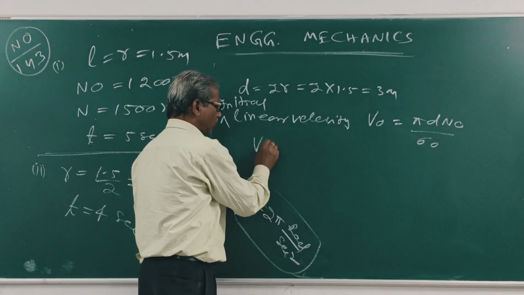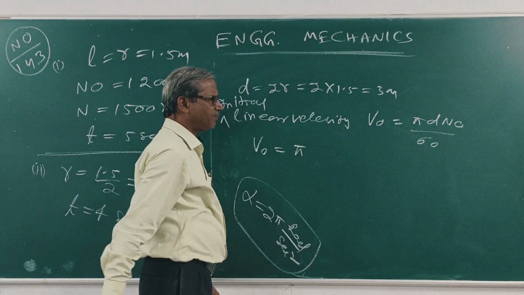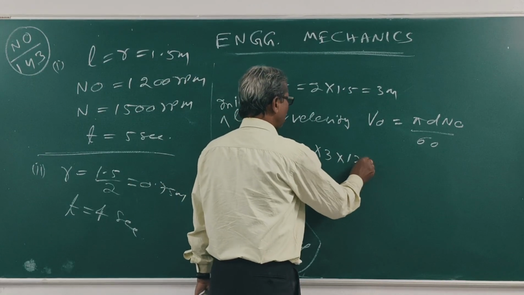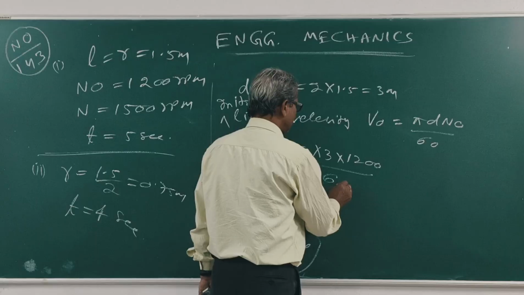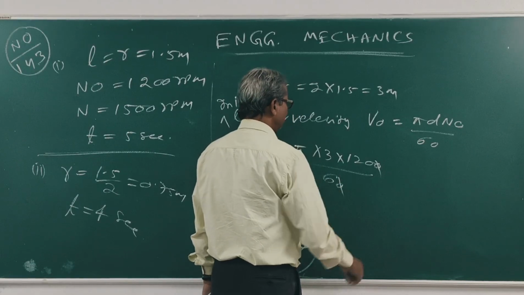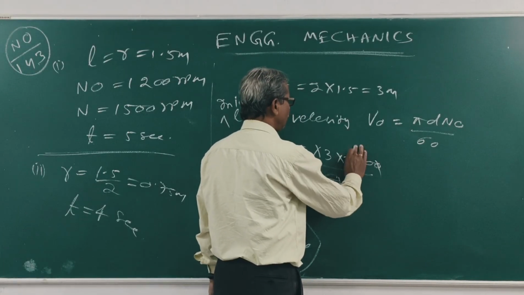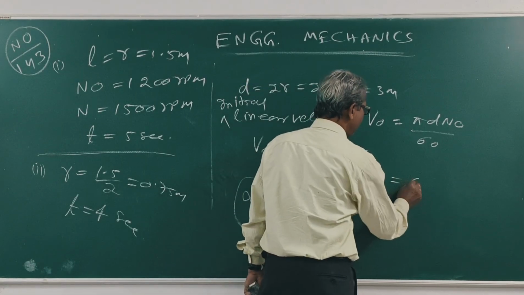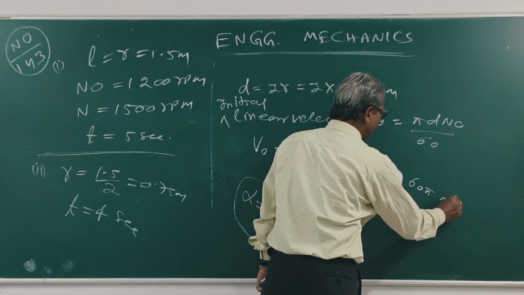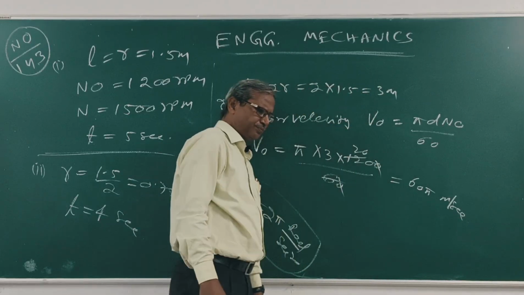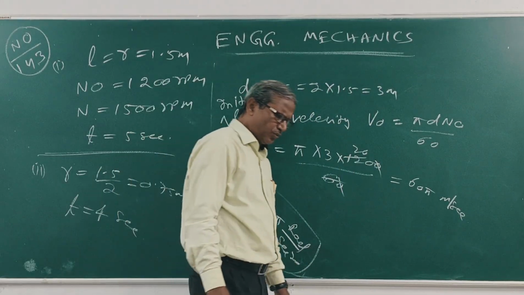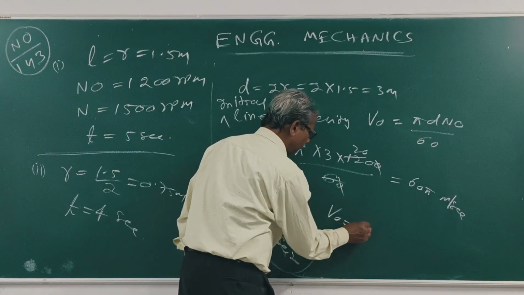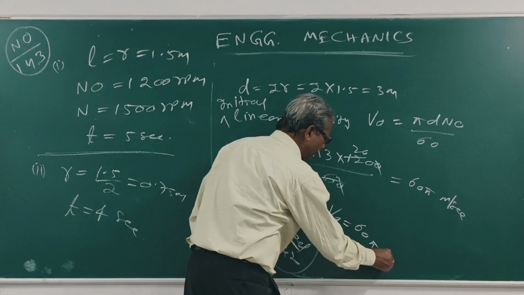So v0 is equal to pi into 3 into 1200 by 60, that is 20, so 60 pi meter per second. So v0 is equal to 60 pi meter per second.